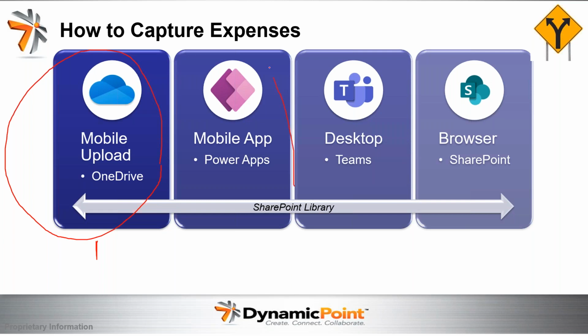Option two is the ability to create a Power App, of which I'll demonstrate one, to not only capture receipts, but maybe have a little bit more functionality. Maybe I want my employees to assign projects or coding, or pick expense types, or have a little bit more involvement when that receipt gets captured as opposed to a simple upload.